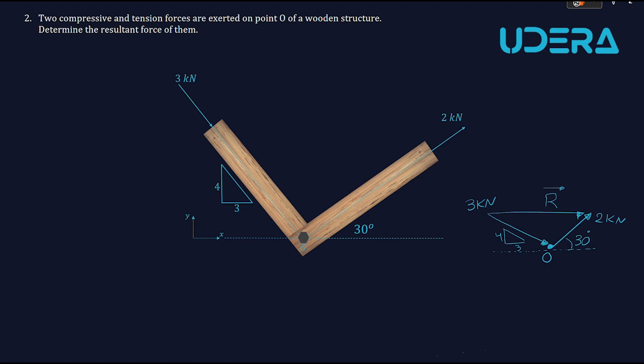In order to employ the triangle law of addition, I have to know the angle which is here. A portion of this angle is known, which is 30, but the second one here, alpha, is unknown, but I can find it easily.